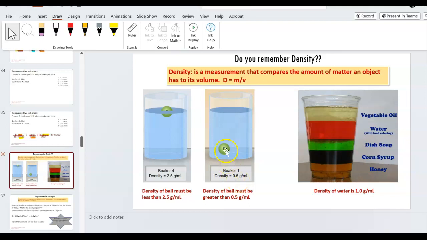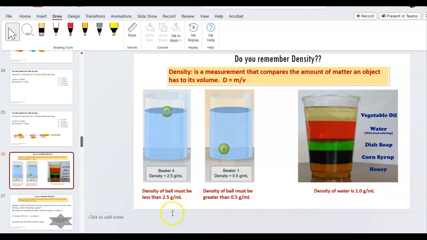And so the density of that circle there must be greater than 0.5 because it's sunk to the bottom. On the right-hand side is probably something you've done at some point in grade school or middle school, a density column. So you could see that those liquids are separating out because they have different densities, from vegetable oil down to honey there.